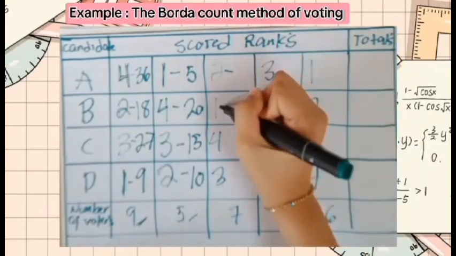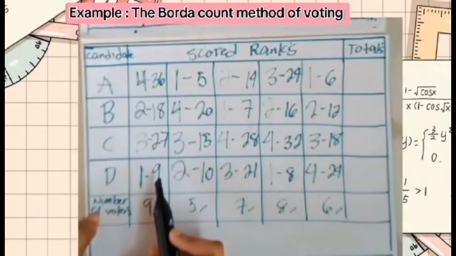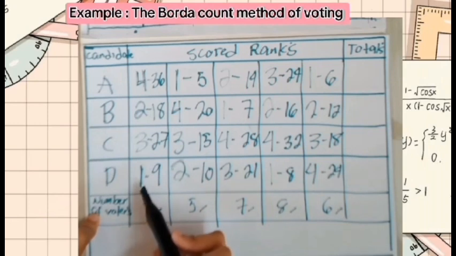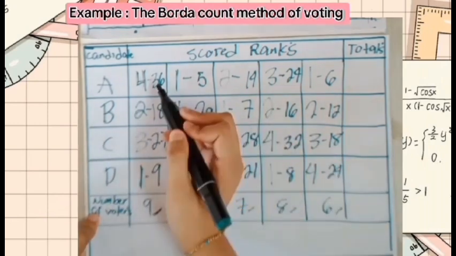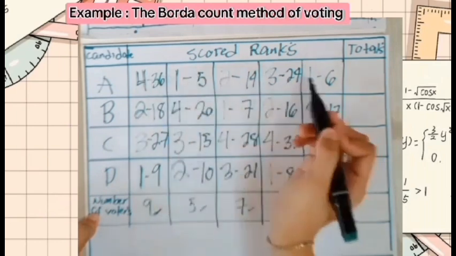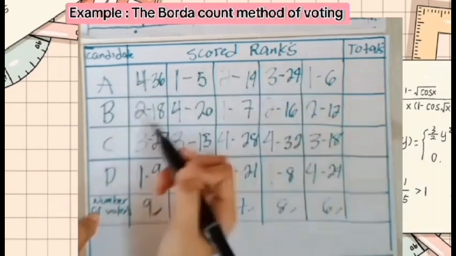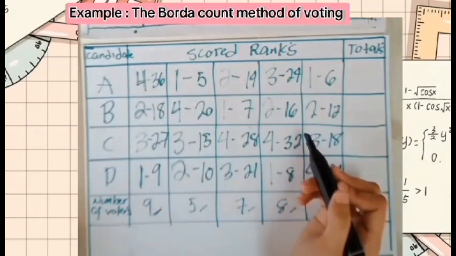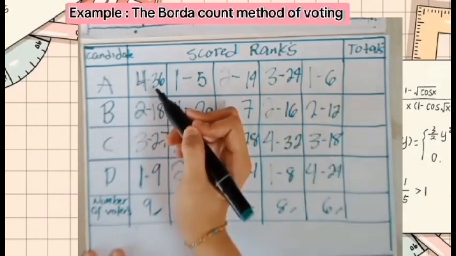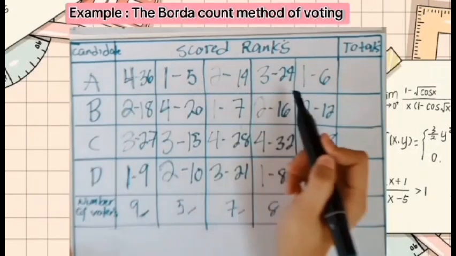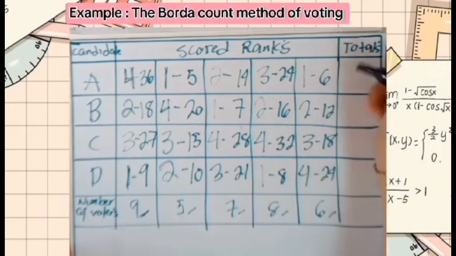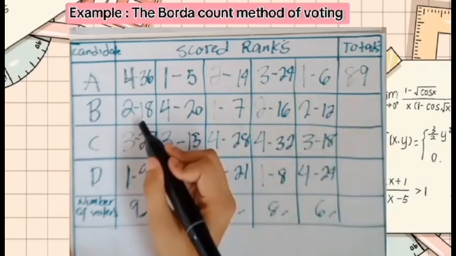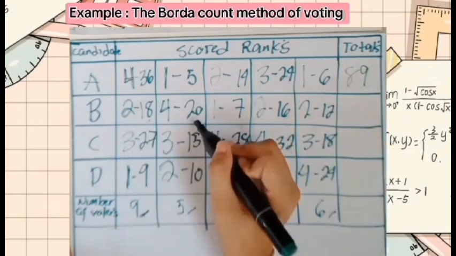So, pagkatapos natin siyang ma-times, ayan na yung makukuha nila. So, ipa-plus naman natin yung scoring nila. Ilan lahat ang nakuha nilang points. So, 36 plus 5 plus 14 plus 24 plus 6 equals 89. So, naka-89 siya. Dito naman, 18 plus 2.